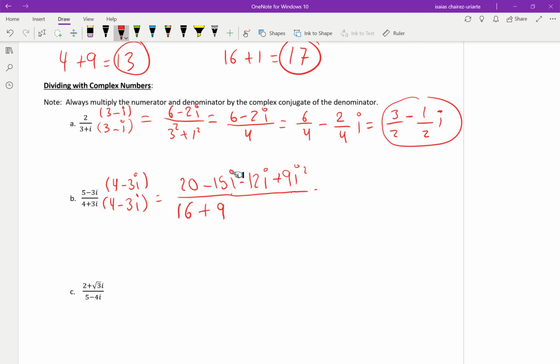Okay, so that becomes 20. The i squared, you got to remember, i squared is minus 1, so that's like saying 20 minus 9. So 20 minus 9 is 11. And then minus 15 minus 12, that's going to become minus 27, and my denominator is 25.